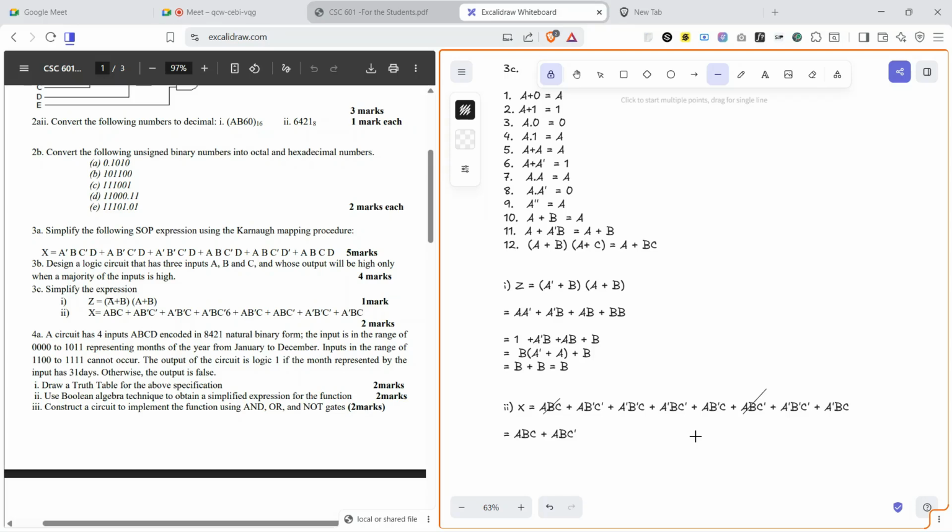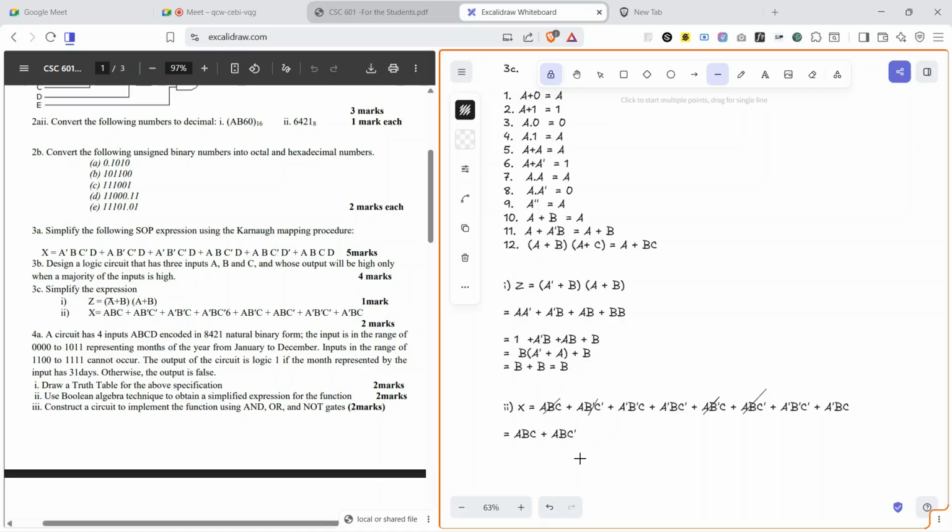So I want to move AB bar. Which other one has AB bar? Okay. I want to move this and this also together. These two.